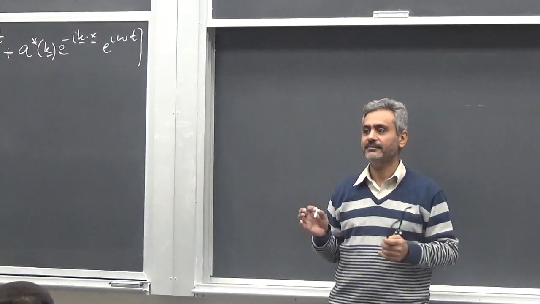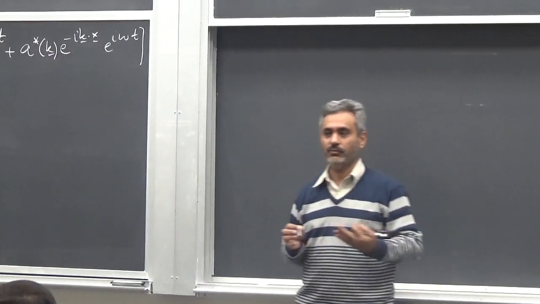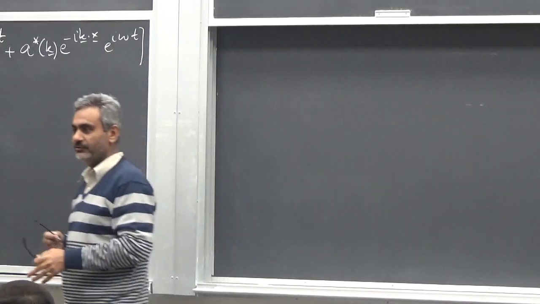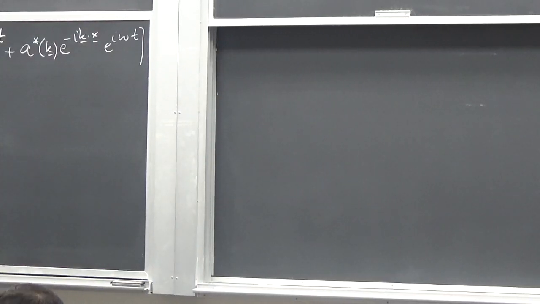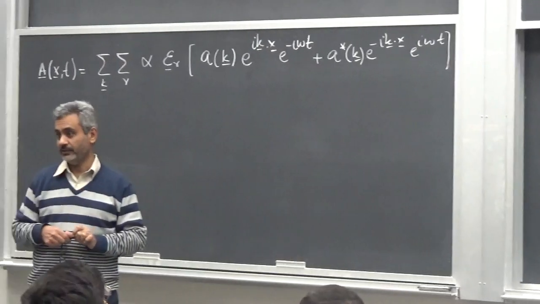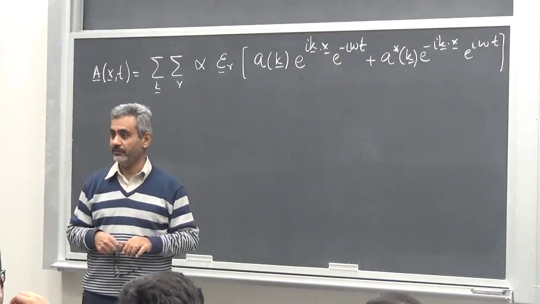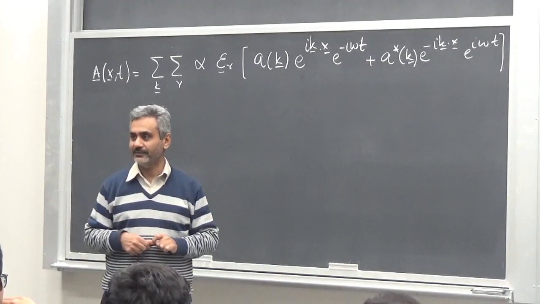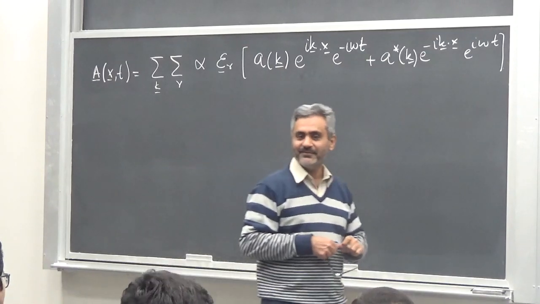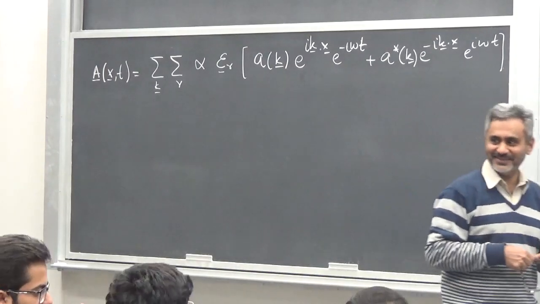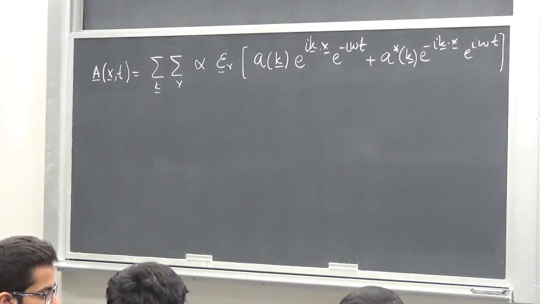Anybody else? By the way, whenever I ask a question, you don't answer it, you just raise your hand if you want to answer that question, then I'll let you. But here, total energy of the electromagnetic field. We just finished a course on electrodynamics last semester.